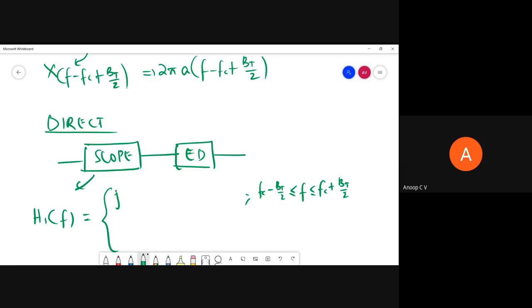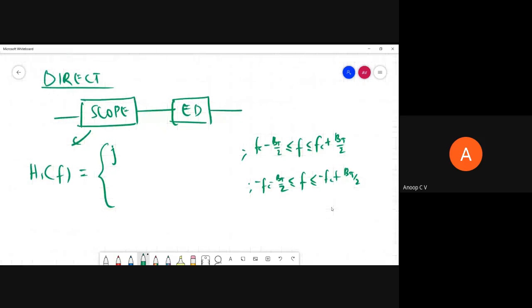Similarly on the negative side, it should be minus fc minus bt by 2 less than or equal to f less than or equal to minus fc plus bt by 2. These are the prescribed frequencies, because our FM signal has significant frequency components within this range. And elsewhere it should be equal to 0.